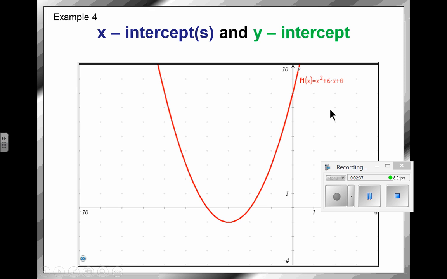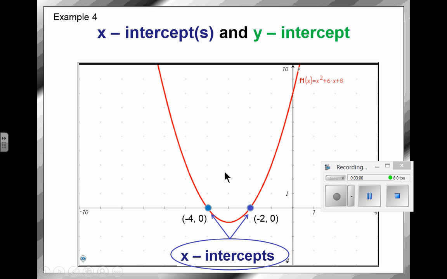Look, for example, at this curve. There is a y-intercept because this is the y-axis. There are 2 roots or zeros. If you remember, the zero of a function is where y is equal to 0. So there are 2 x-intercepts, or zeros, because this quadratic hits the x-axis twice, at -2 and -4.